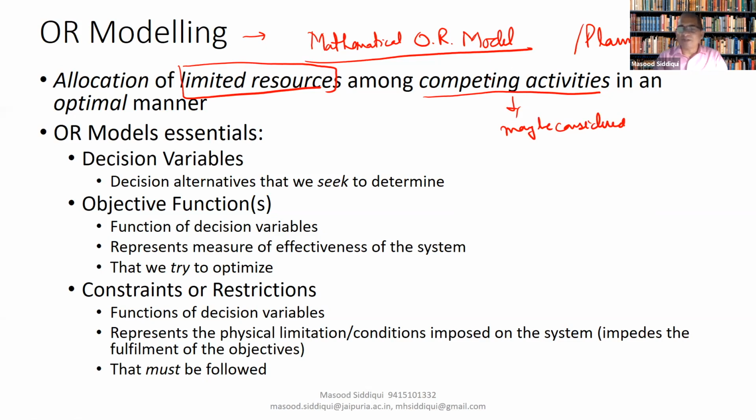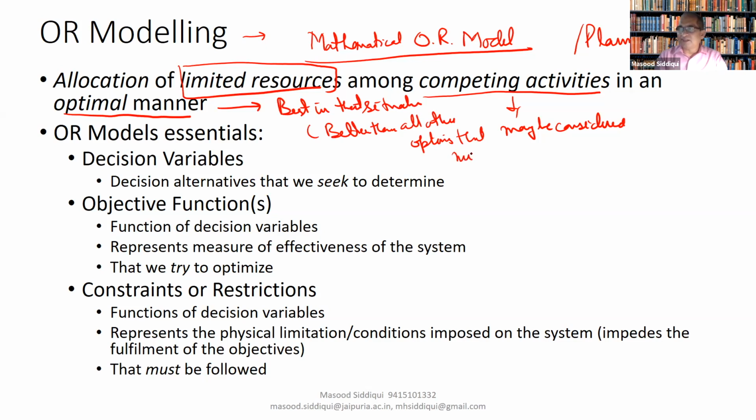There are a number of competing activities that may be considered. And this allocation should be in an optimal manner. Optimal manner means it should be the best in that situation, better than all other options that might be considered.